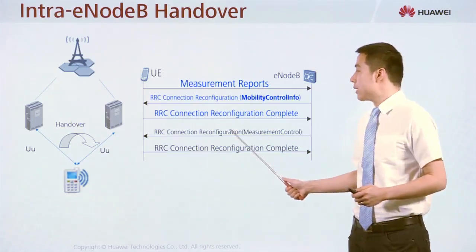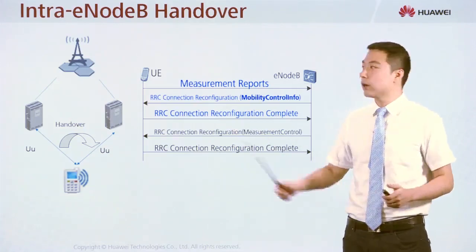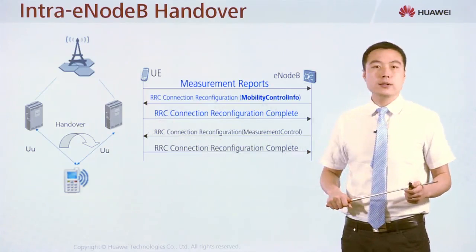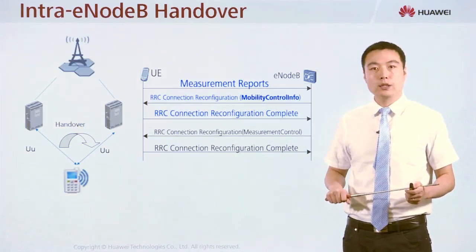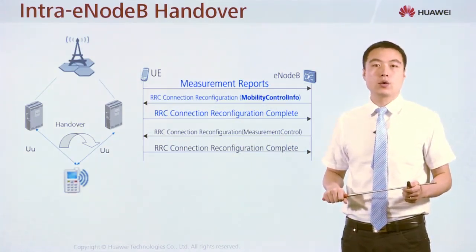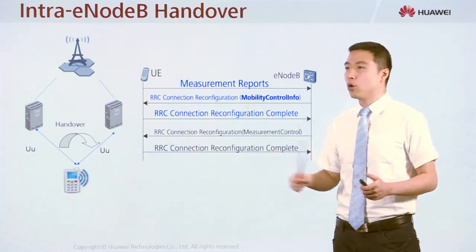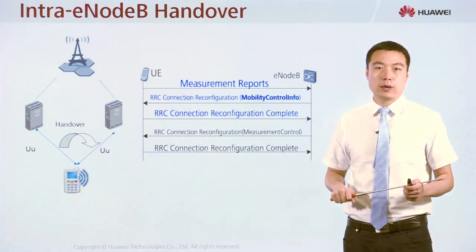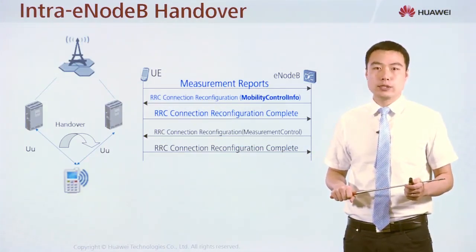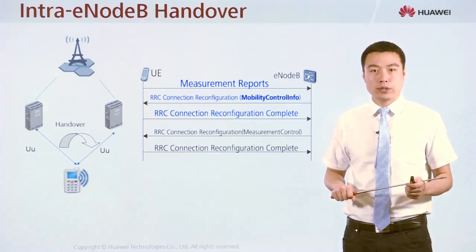This measurement control message is used for telling the UE the neighboring cell configuration in the new cell and the criterion for the measurement. Because after the handover, the UE will move to the new cell. Maybe in the new cell, we have a different configuration for the neighboring cells, and maybe a different configuration for the measurement criterion.